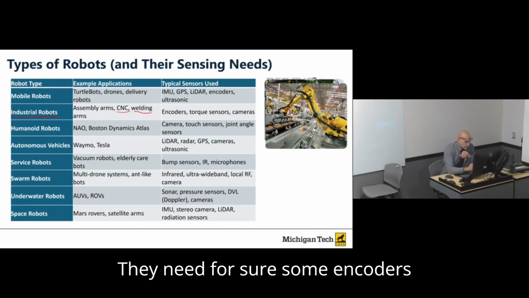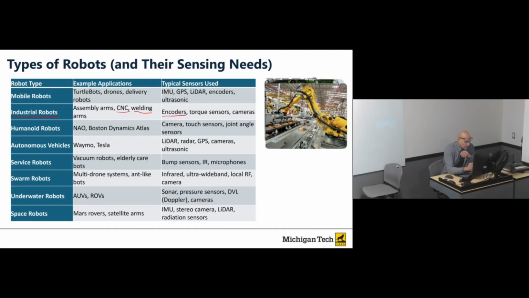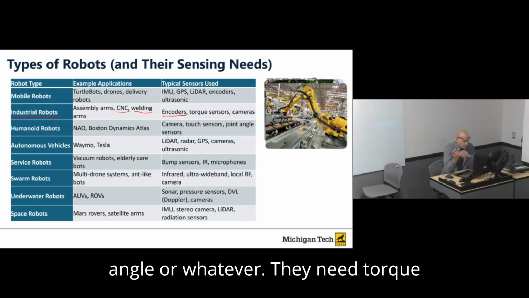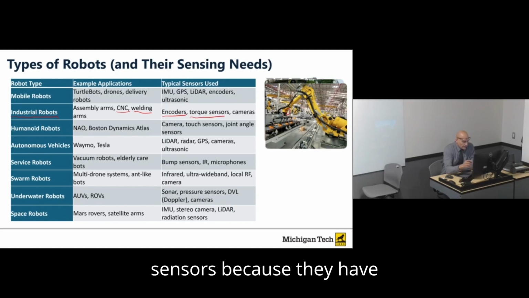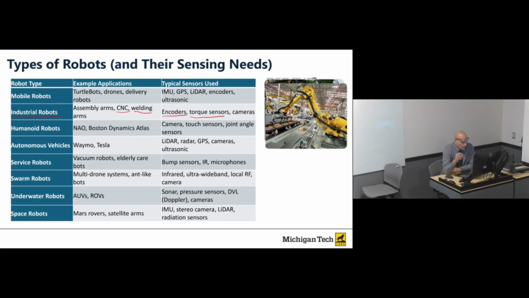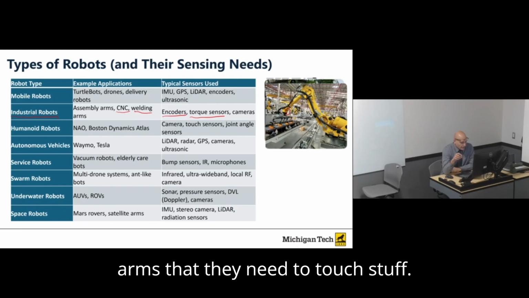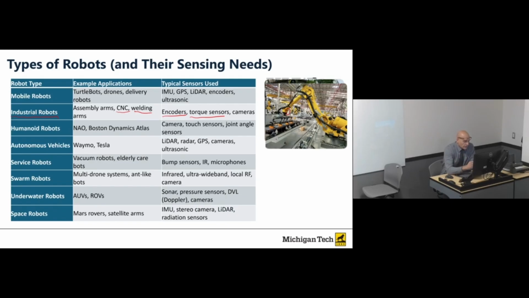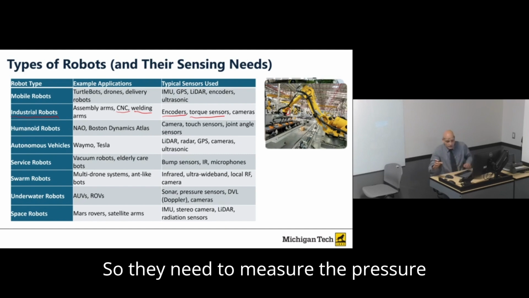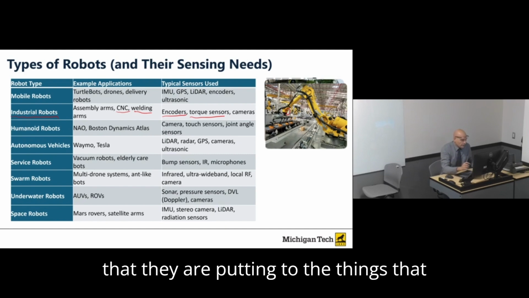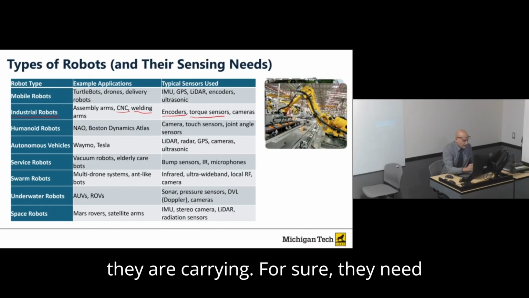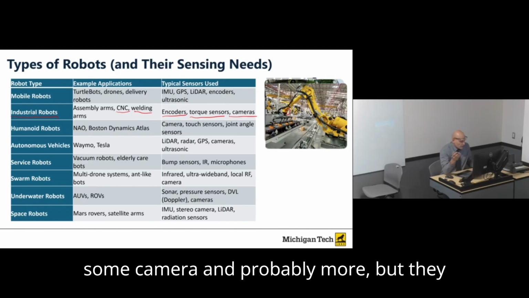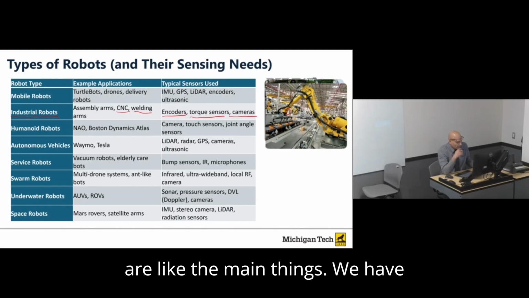They need for sure some encoders to measure the angle or whatever. They need torque sensors because they have some arms that they need to touch stuff. So they need to measure the pressure that they are putting on the things that they are carrying. For sure, they need some camera and probably more, but those are the main things.